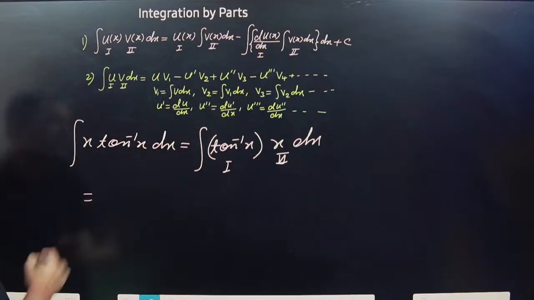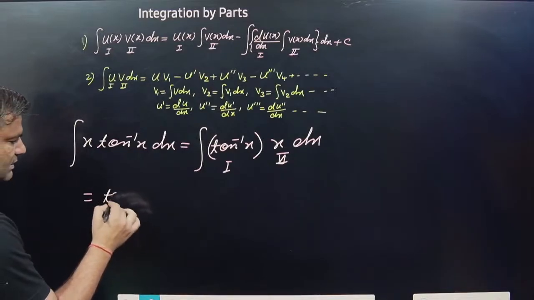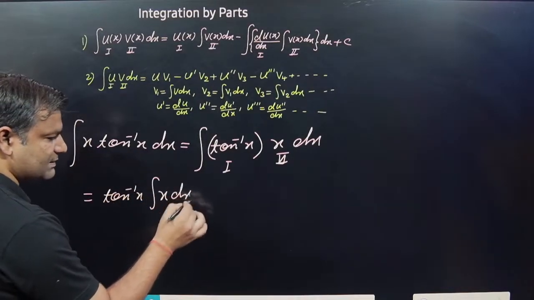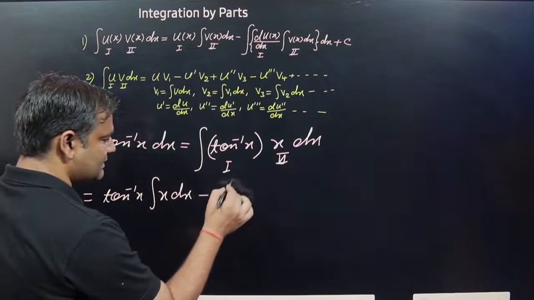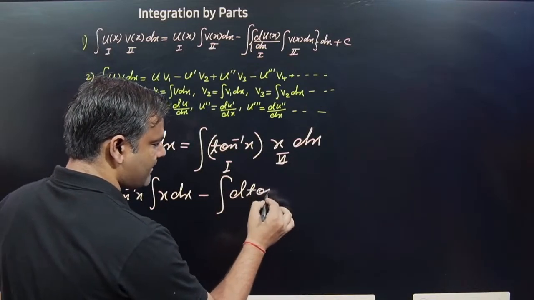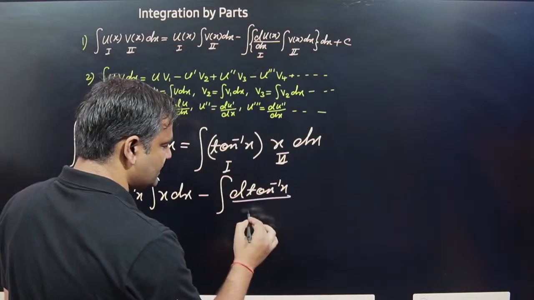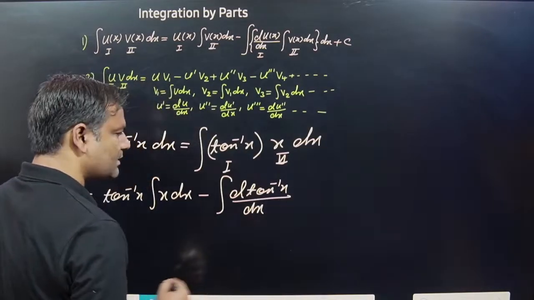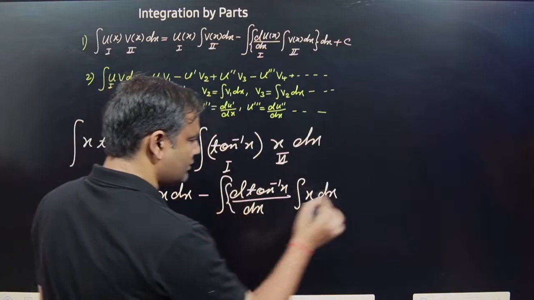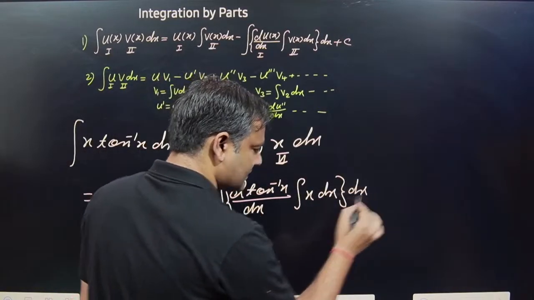Now look here. First tan inverse x into integration of x dx. After that, minus the integration of the differentiation of tan inverse x with respect to x into the integration of x dx, whole dx.